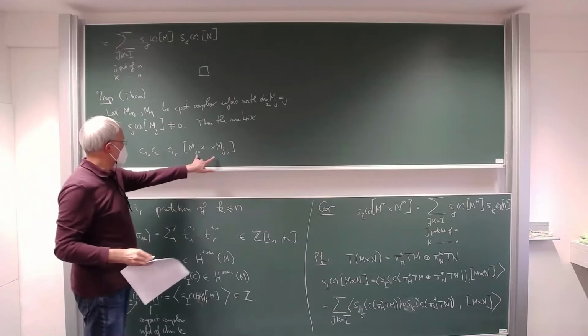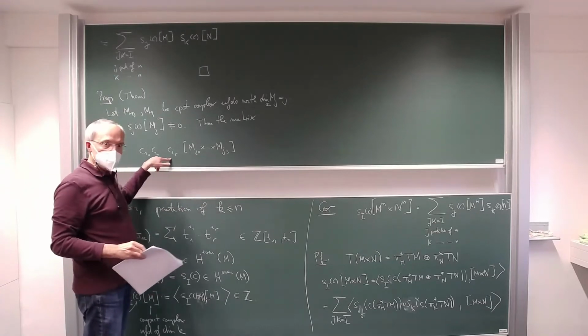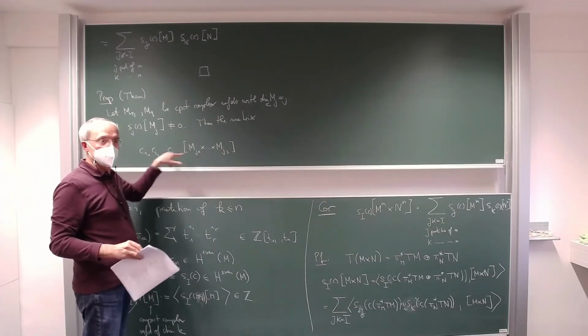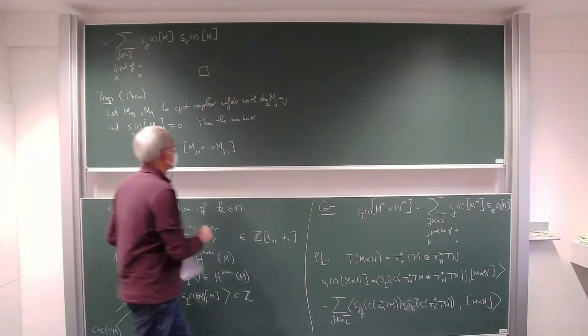So the J has to be a partition of the same number as the I here, so that we can get something non-trivial.